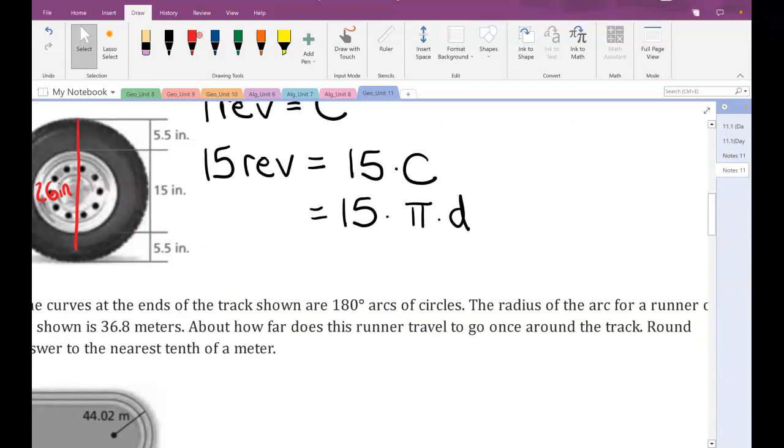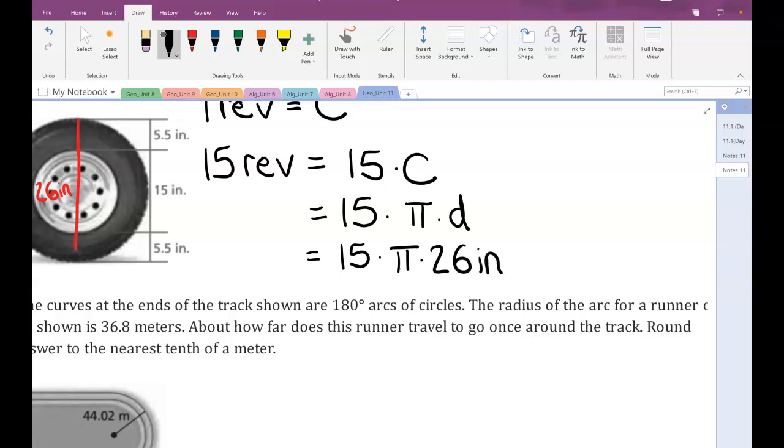So we can plug in 26 for D. So 15 times pi times 26. And this is in inches, so our final answer should be in inches as well. And then it just wants us to round to the nearest foot.